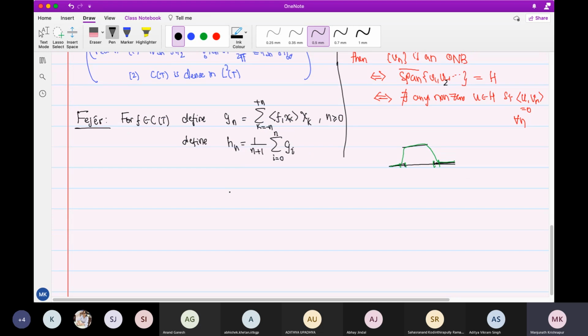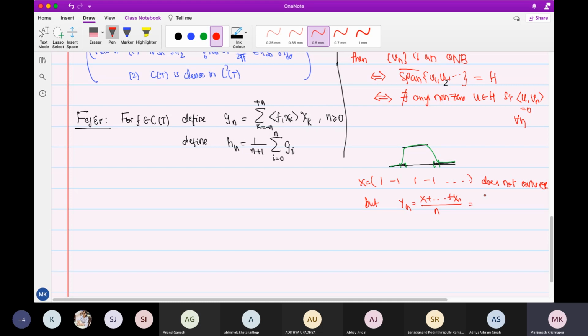The converse is not true. In real numbers, for example, take a sequence like 1, minus 1, 1, minus 1. This is an okay example. Here, the sequence does not converge. But let's say this is the sequence x, and yn is x1 plus up to xn divided by n.